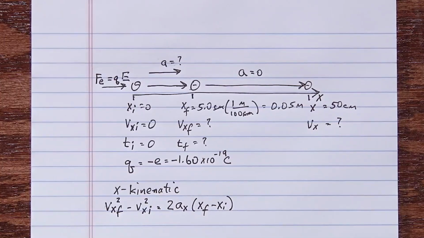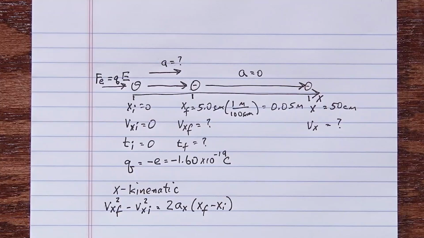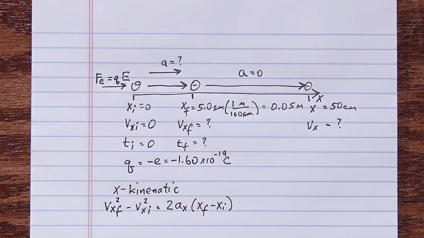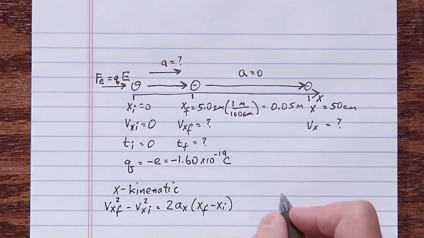And we do know most of what's in this equation. We know Vx initial. We're looking for Vx final. We don't know Ax, but we'll figure that out separately. We know x final, and we know x initial. So as long as we can figure out Ax, we can use this equation to tell us what the speed of the electron is right here. We'll figure that out using our non-equilibrium equation, or Newton's second law.